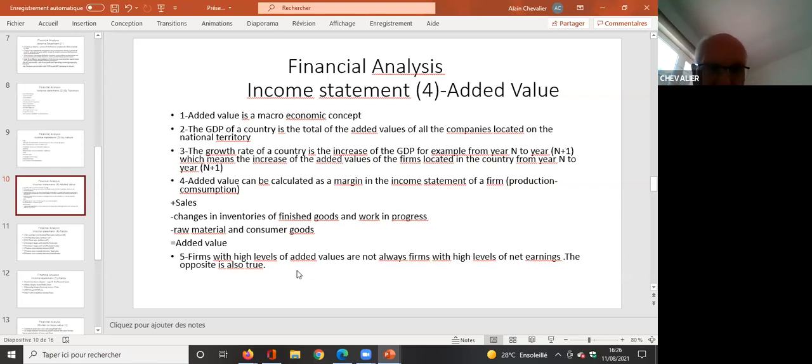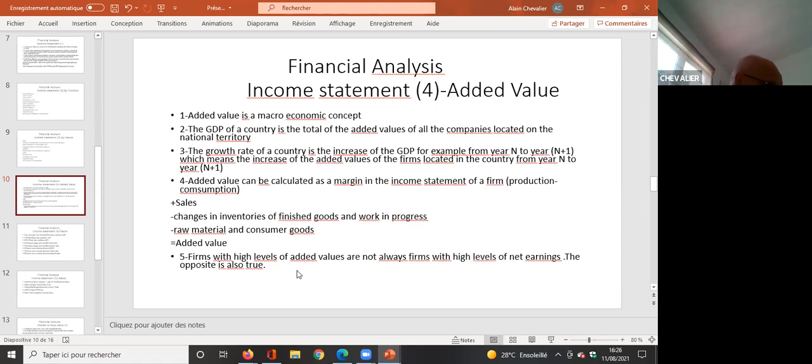And what happens to the added value? Added value is mainly distributed to the staff through salaries and other benefits, and that means this is the most important element of the income statement.